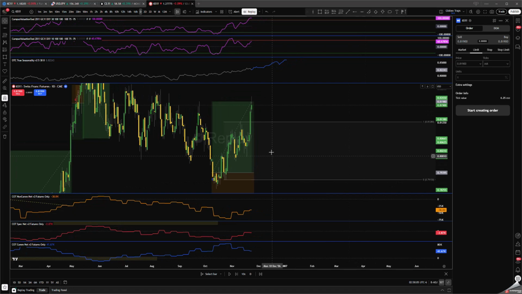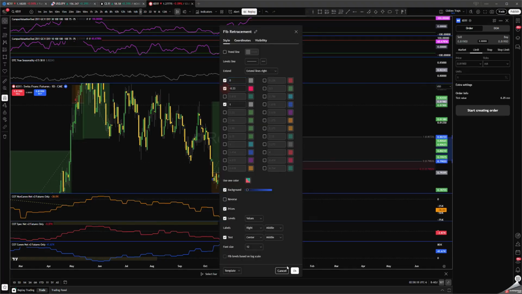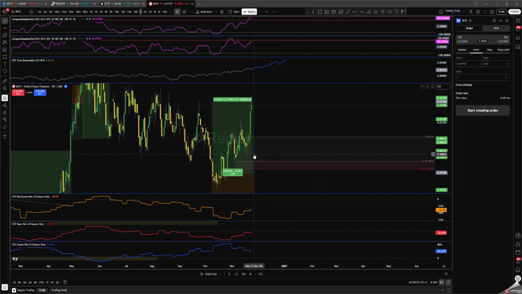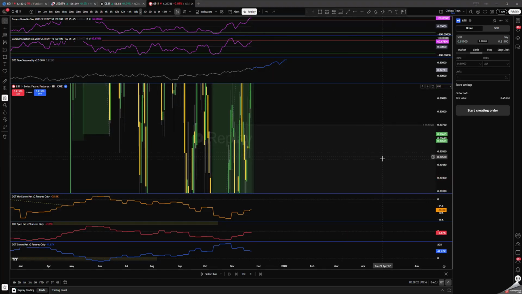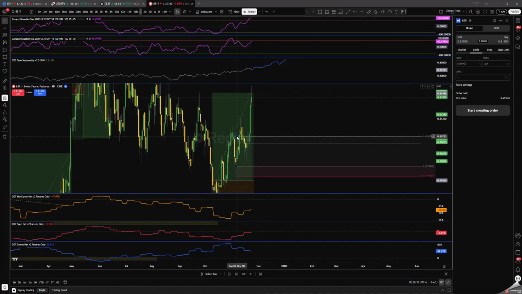And if we look at this area here, I can time the market like this. Wider version. Is there a gap here? Yes, there's a gap here. So I would like to time the market around where this gap is.